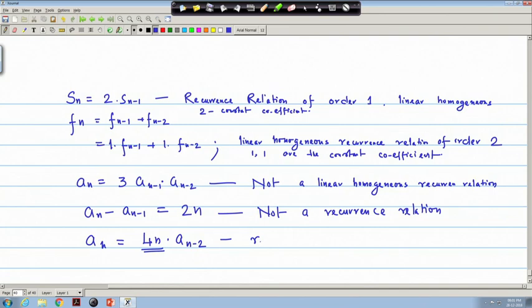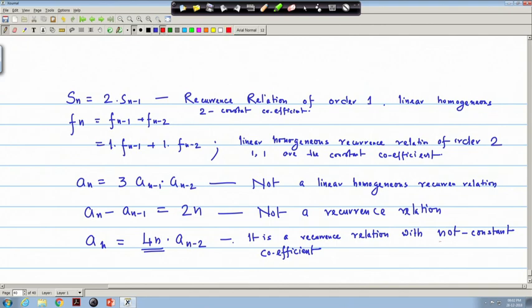So, it is a recurrence relation with non-constant coefficient.